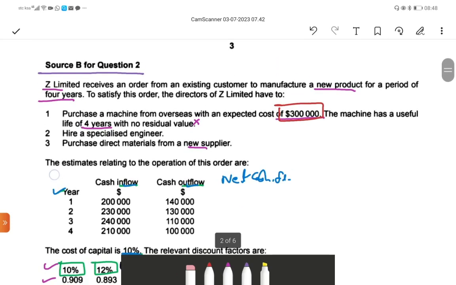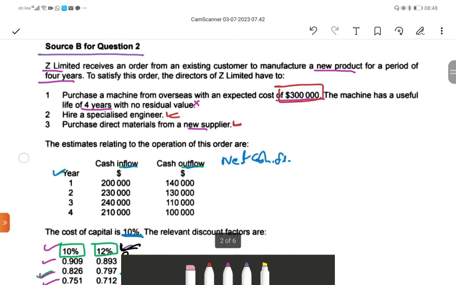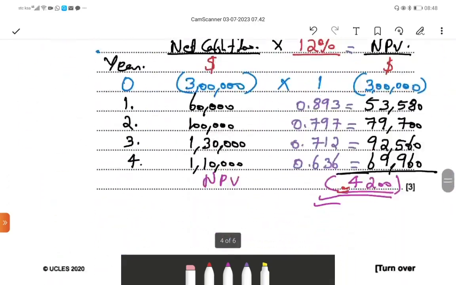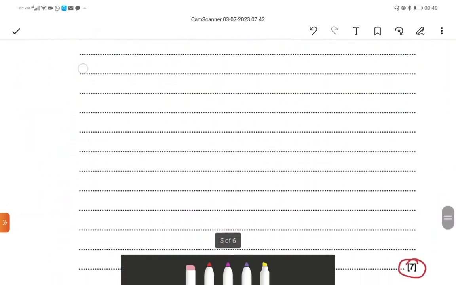Then some points are given. They have to find a specialized engineer. They have to purchase direct material from a new supplier if they are producing for this customer, and they have to hire a specialized, expert engineer. So the non-financial factor.